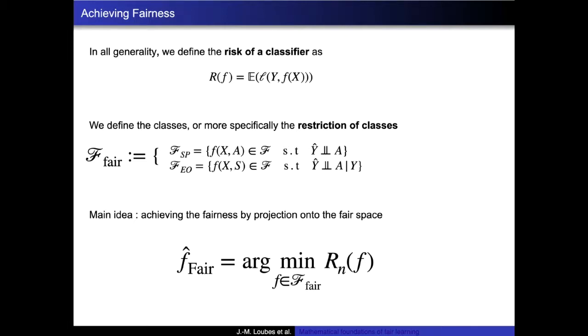So for instance, I'm going to talk about fairness with respect to statistical parity, and I'm looking at F statistical parity. That means all the functions f(x,a) such that y hat, which is equal to f(x,a), is independent from a.